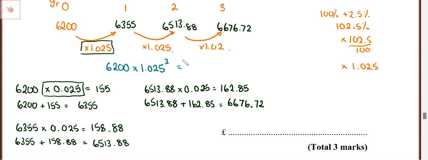If you do that on your calculator, what do you get? 6,676.72. So we get the same answer. All good. But which one would you use for 10, 20, 30 years? This one, because I would just change that to the number of years, yeah?